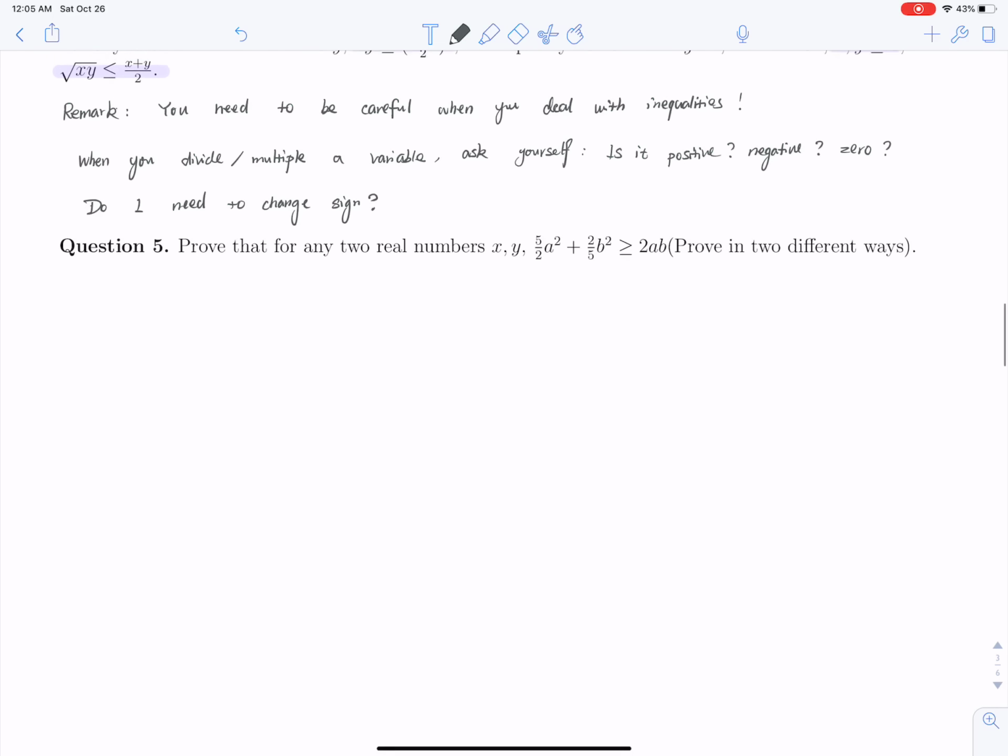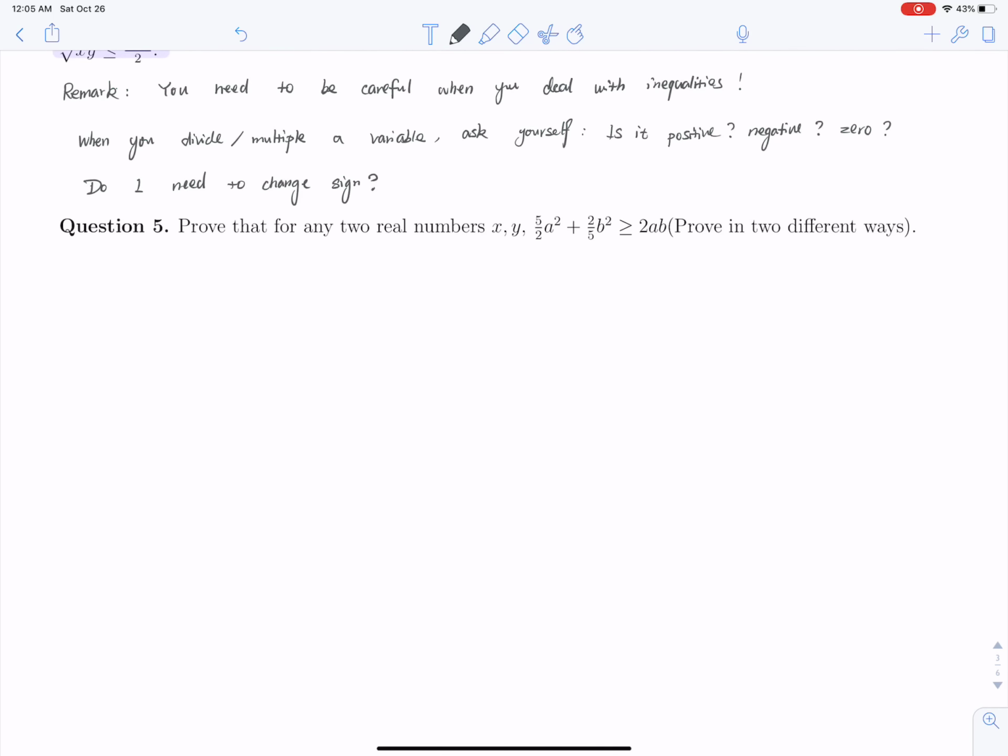Okay, if it's negative, you have to change your sign because, for inequality, if you multiply by a negative number, you have to switch your sign from greater than or equal to smaller than or equal to, something like that. And a really important one, you cannot divide by 0, okay? Please, please don't divide by 0, because it's not defined, okay? Let's do this.